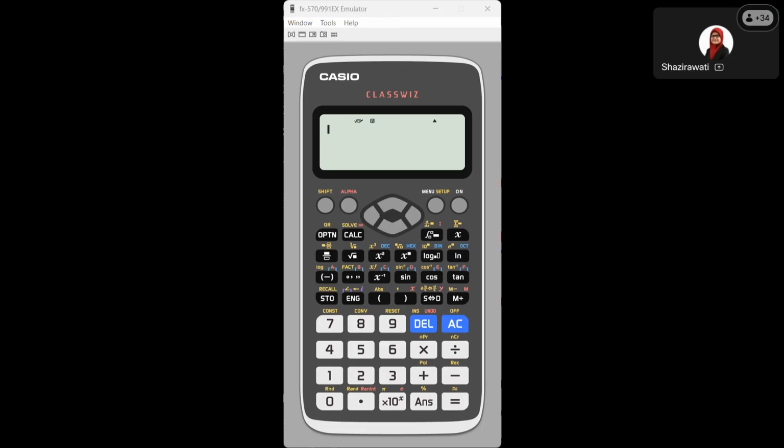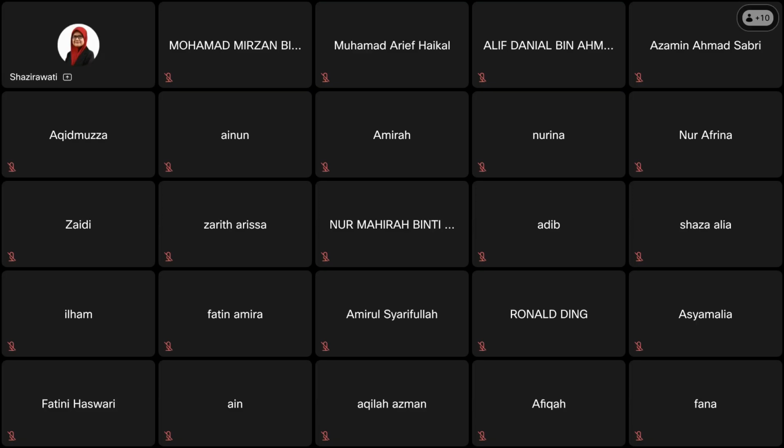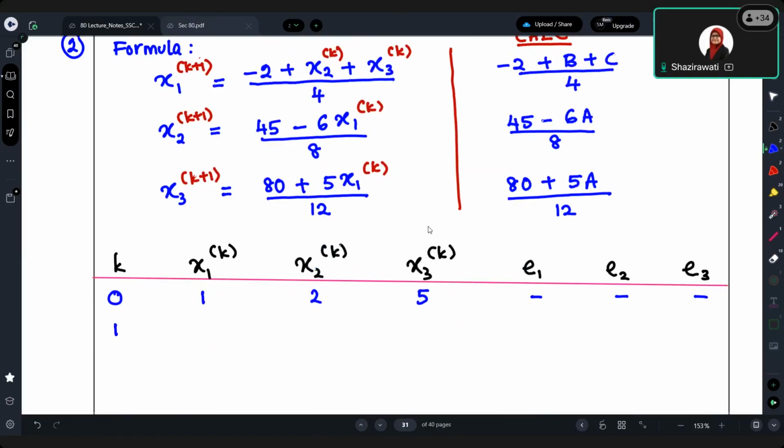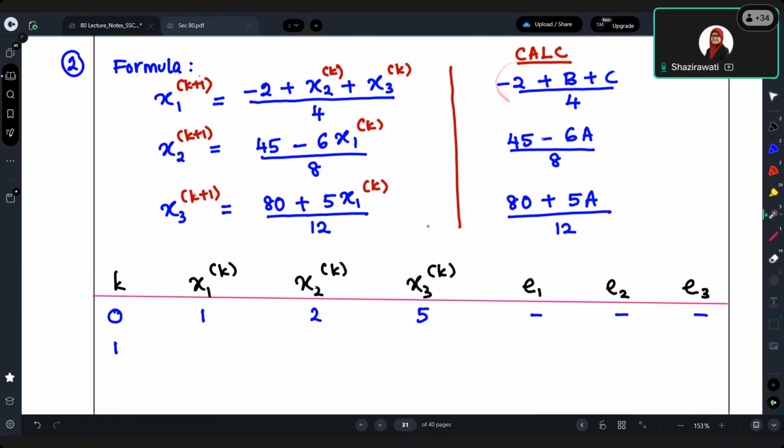Kalau kita tengok ini tadi. So in the first iteration, so sekarang you nak dapatkan X1 ini. Okay, so you akan refer formula ini. Dalam calculator you tadi, you cari semula formula ini.